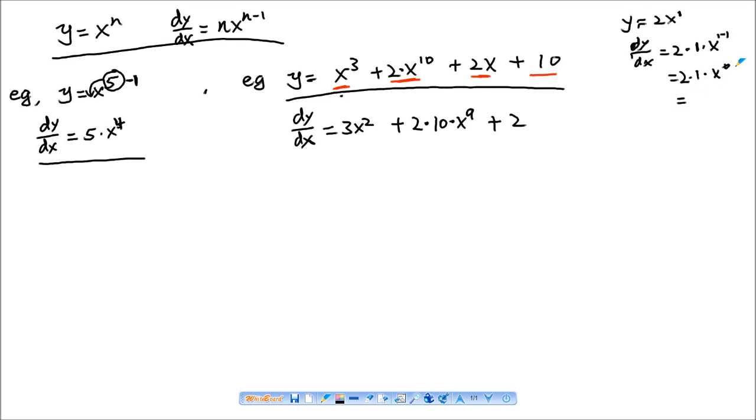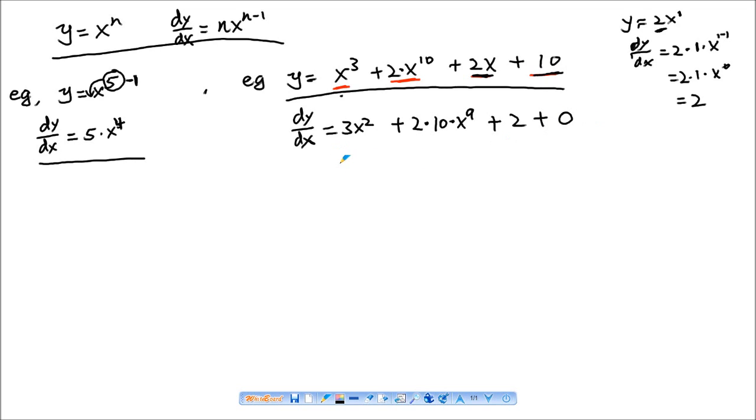Anything power of 0 is 1, so I will be left with 2, which is the coefficient. So to differentiate something like this, just write down the constant. And the differentiation of a constant is always 0.